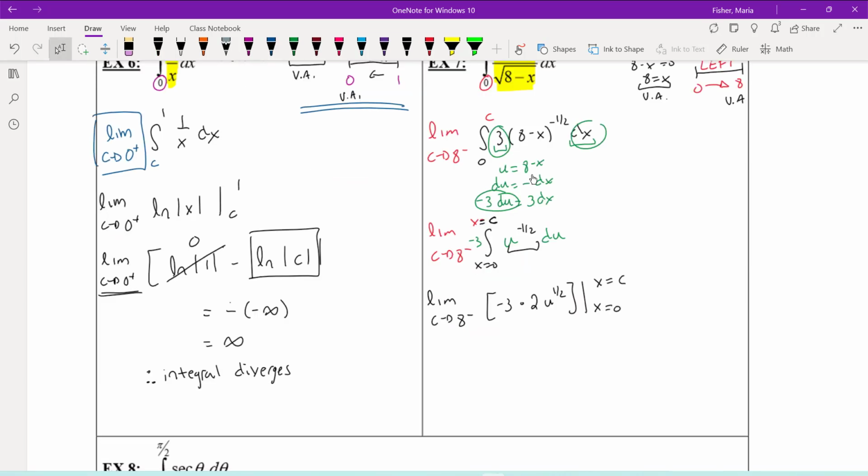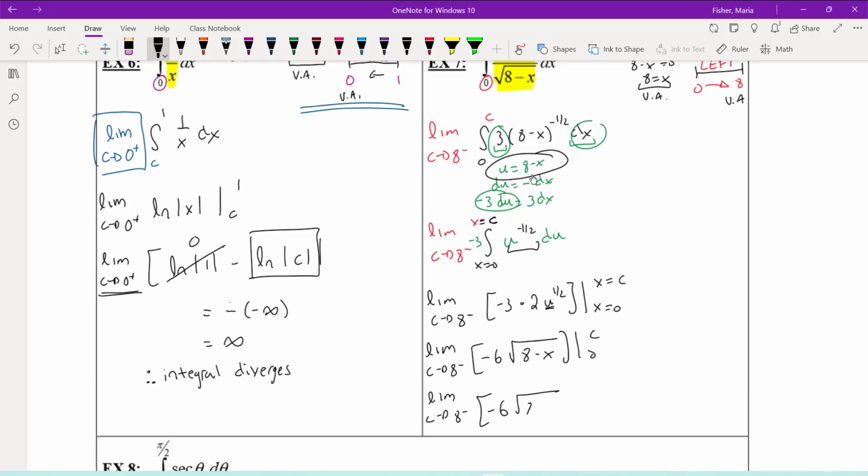Getting out of u's, going back into x's, we're looking at the limit as c goes to 8 from the left of negative 6. And then instead of u, I know that's going to be the square root of 8 minus x. And now let's plug in those limits of integration. So negative 6 square root of 8 minus c, minus a negative is plus 6 square root of 8 minus 0.